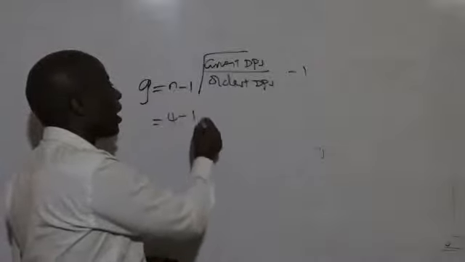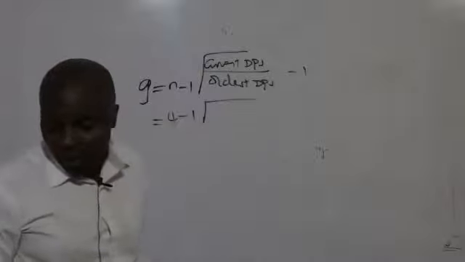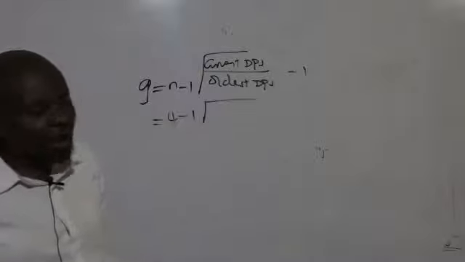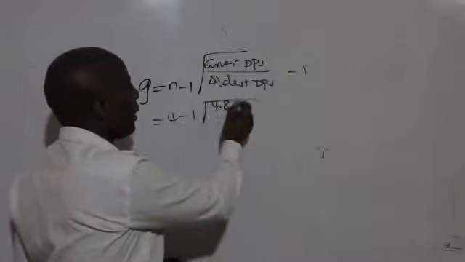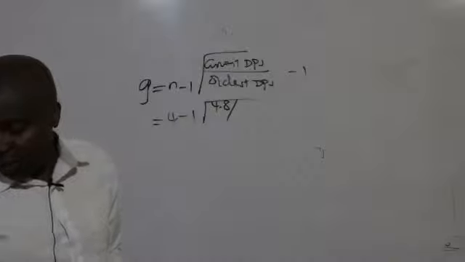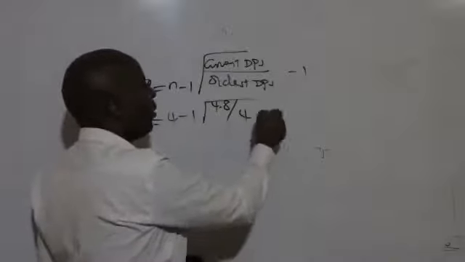So 4 minus 1 into current dividends per share. Current dividends per share, what do we have there? 4.8. So we have here 4.8 all over the oldest dividends per share, 4, with 4 minus 1.